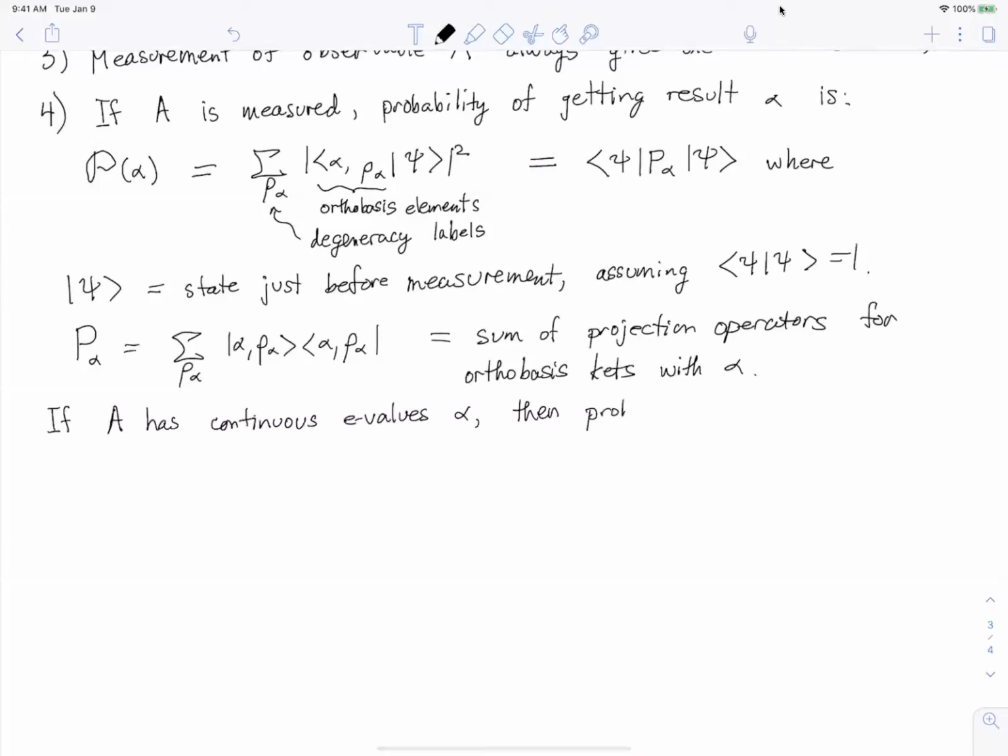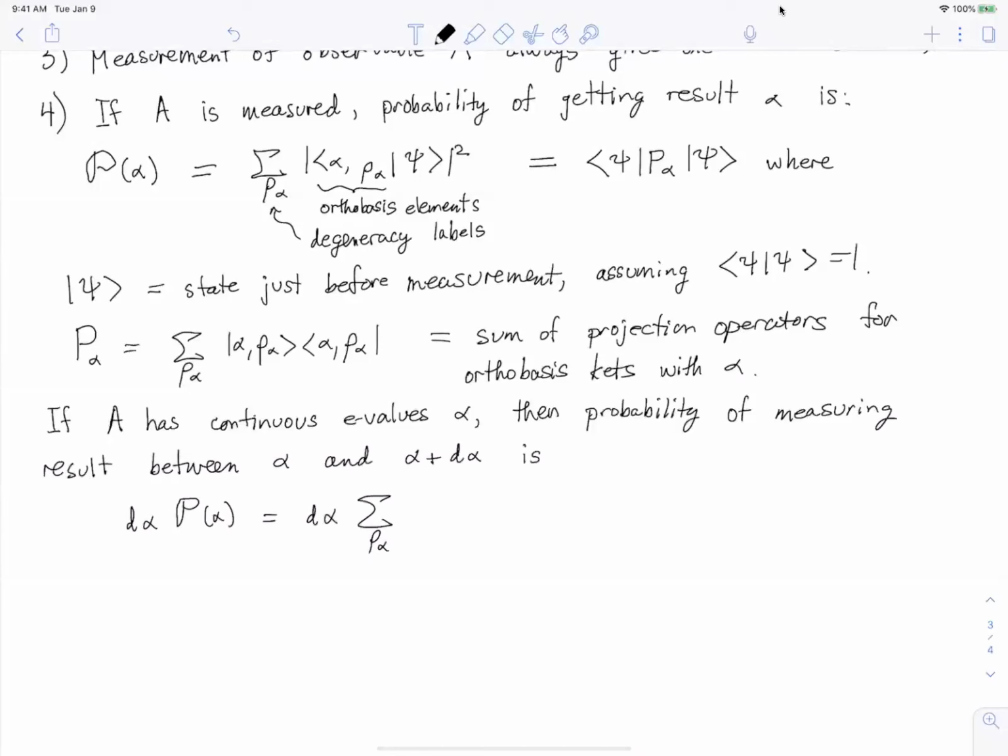That is the probability of measuring a result between alpha and alpha plus d alpha, which is given by d alpha times curly P of alpha, equals d alpha times the sum over rho sub alpha of the absolute value of the inner product of alpha rho alpha with psi, squared.